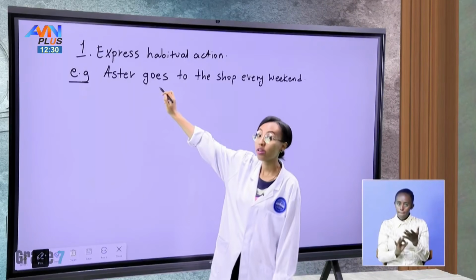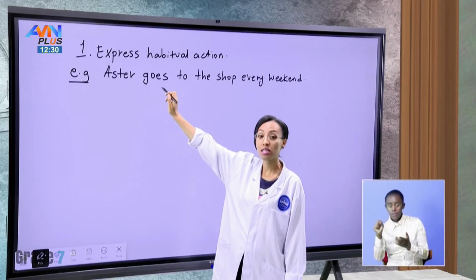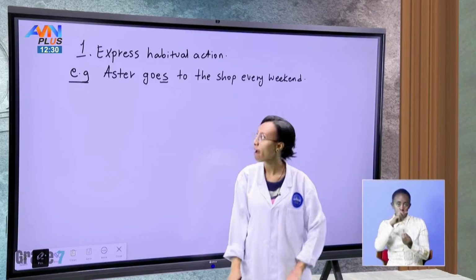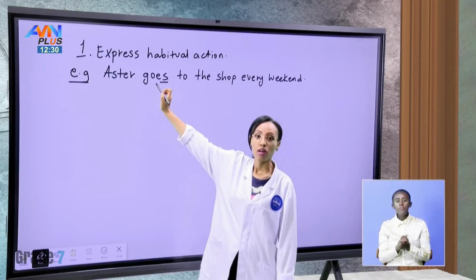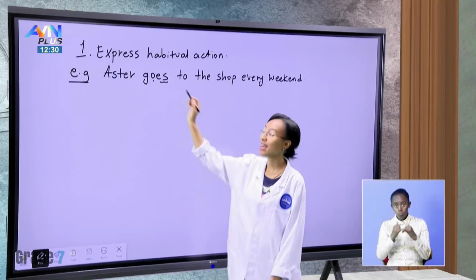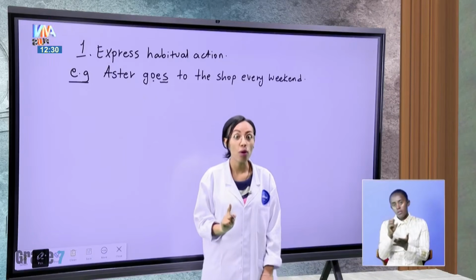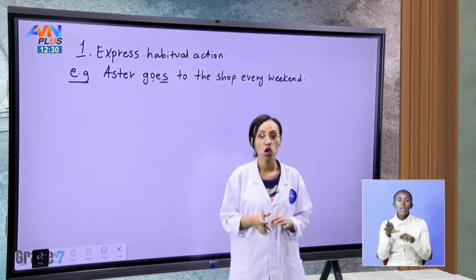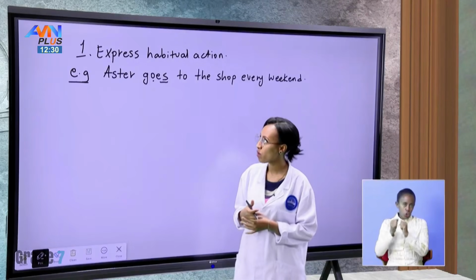We added es here because verbs that usually end with o take es. And also because this verb is an irregular verb, so it changes form as well.